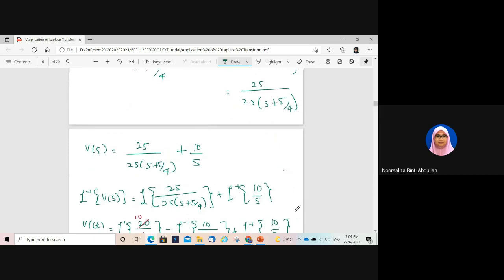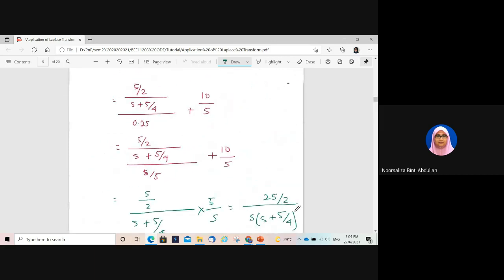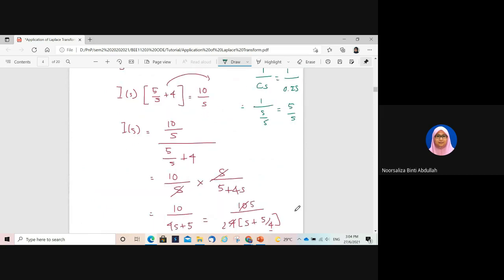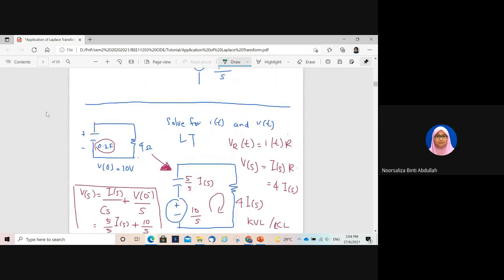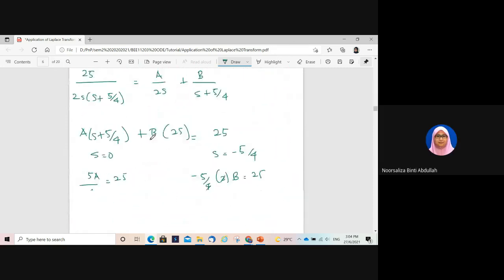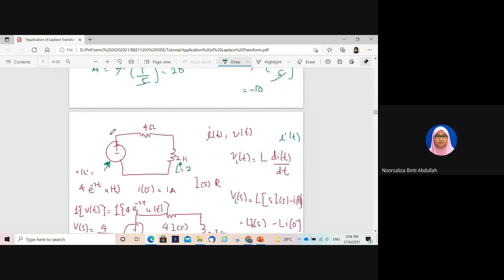Capacitor ni tadi sebab dia tak ada source given. Dia cuma ada capacitor dengan resistor sahaja. Dia tak ada source lain. But this one you have a source here kan?